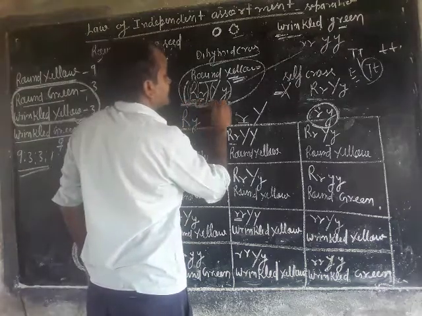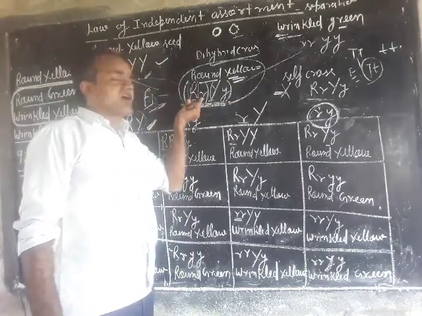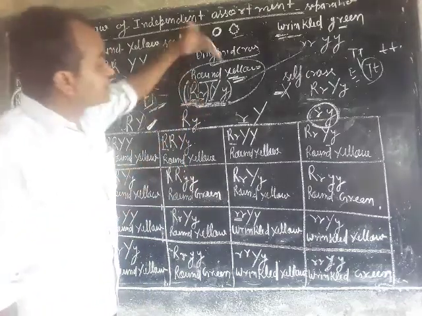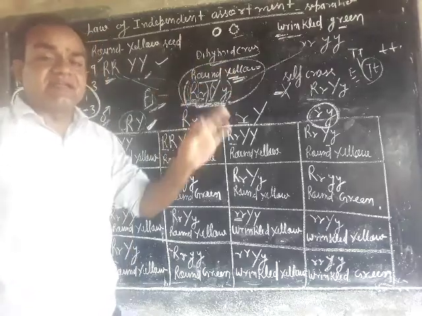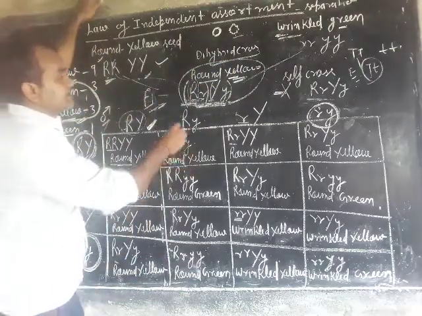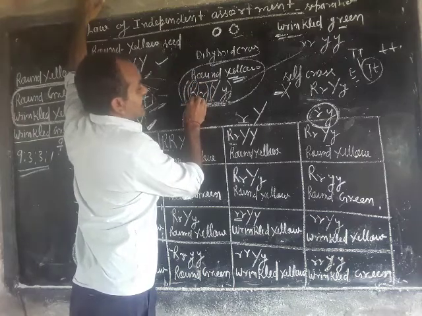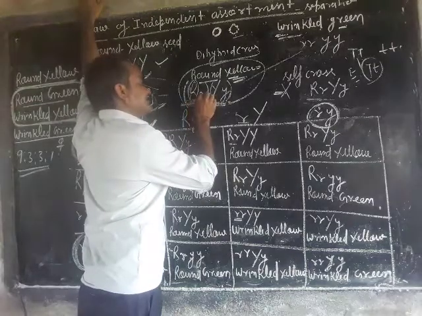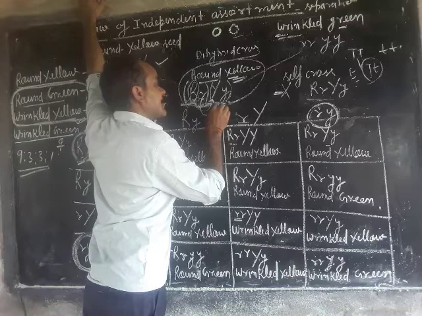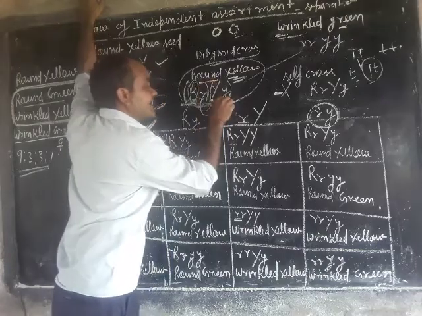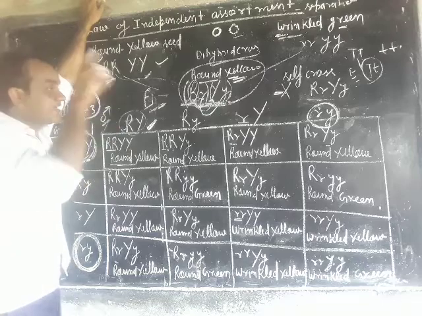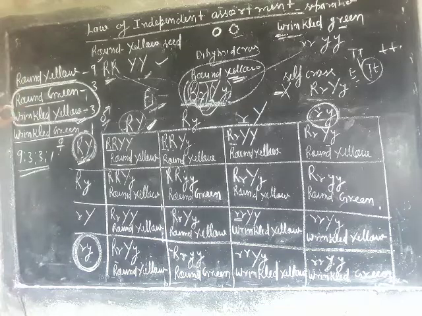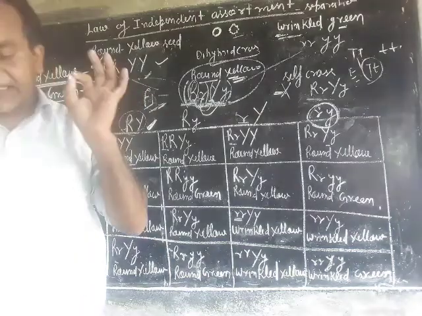At the time of gamete formation, one pair of traits separates from another pair of characters independently. Means the dominant gametes meet another dominant gamete, and recessive gametes have the ability to meet another recessive trait, by which we get the new characteristic features round green and wrinkled yellow.